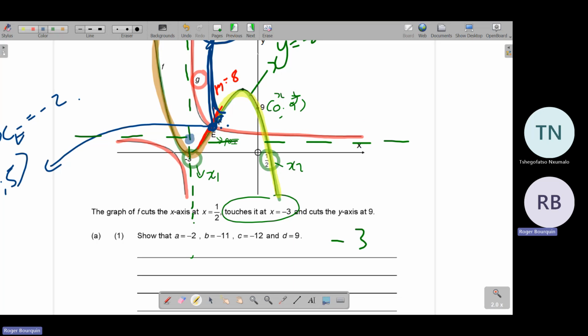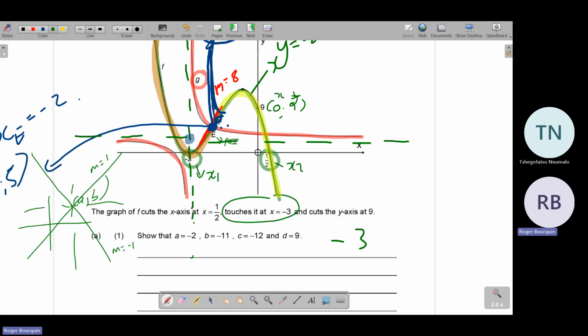If that's the point of intersection, it will go through it. They go through the point of intersection of your horizontal and vertical asymptote. One has a gradient of 1, one has a gradient of negative 1.